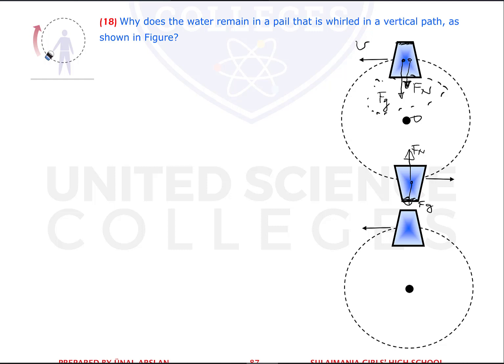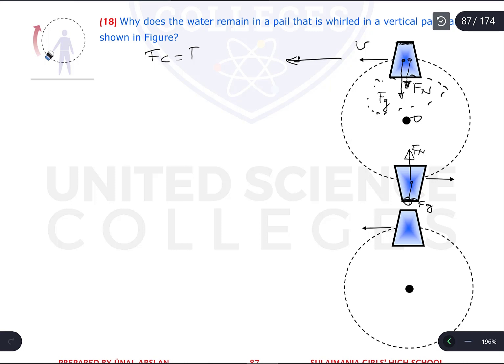So at the top of the vertical path, centripetal force is going to be Fg plus Fn, because both are pointing to the center of the circle, so both are providing centripetal force. Let's write Fc. Fc is equal to m of the water, v squared, divided by the radius of the path followed by the water and pail.